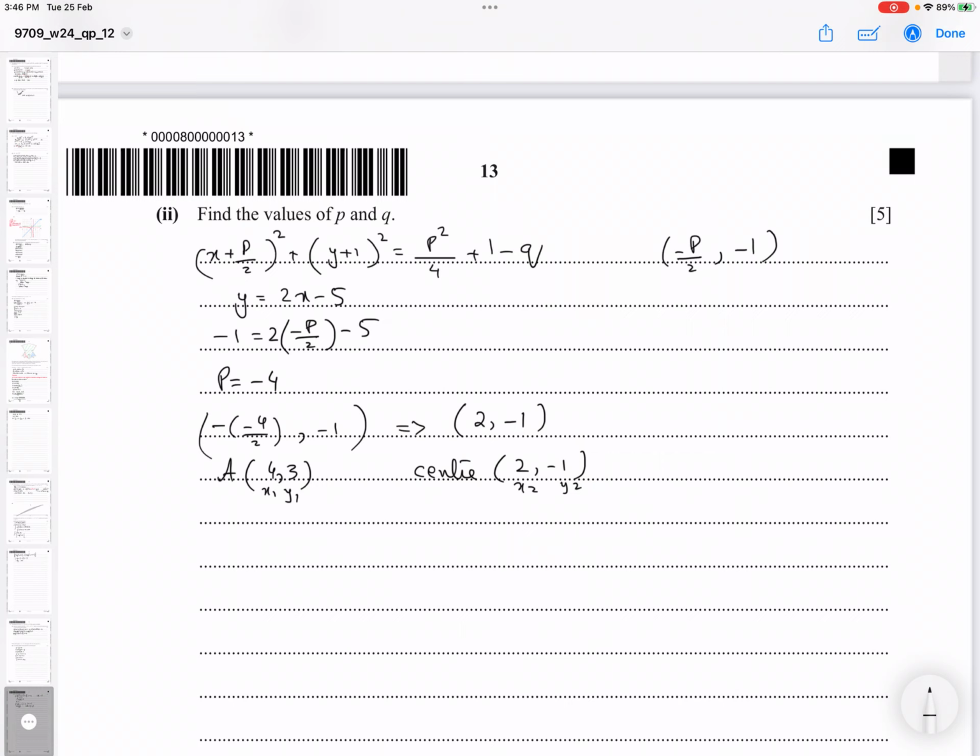Okay, radius would be equal to the square root of (x2 minus x1) squared plus (y2 minus y1) squared. And carefully place the values.